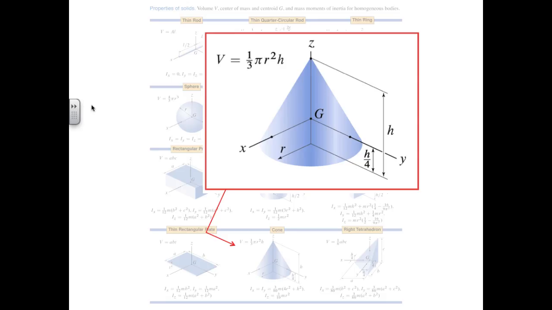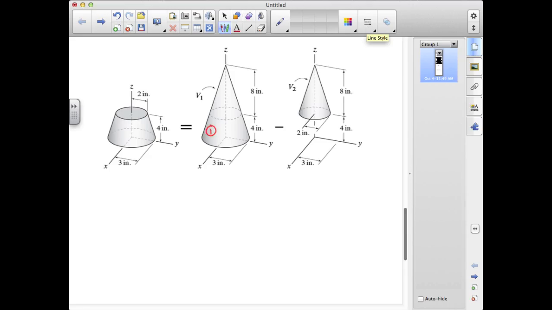We treat the cone we're subtracting as a volume with negative weighting, and that enables us to evaluate the z component of the centroid as follows. So we'll call this volume 1, and we'll call this volume 2. Volume 2 will end up with a negative weighting. You can see that that's represented here.